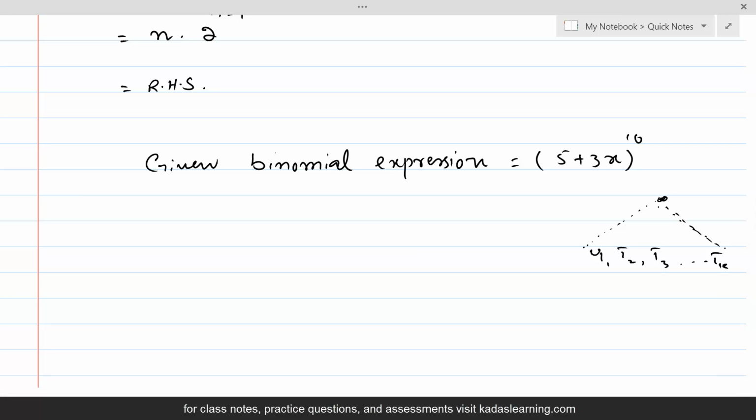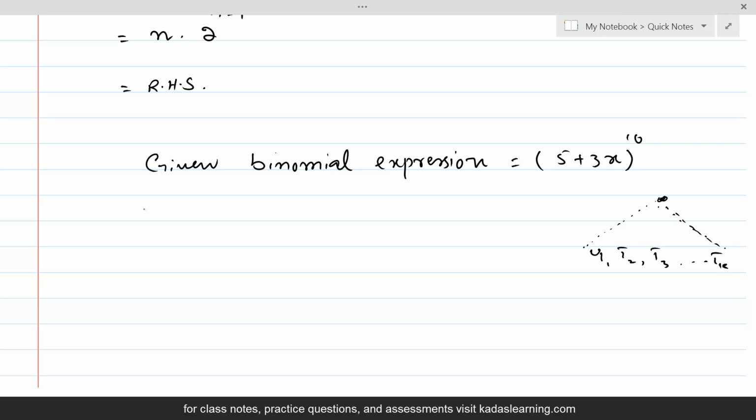Right after the highest coefficient, coefficients start decreasing. So if in general we say that Tr, the general term, has the highest coefficient, then the next term must have a smaller coefficient, because in the Pascal triangle, all the terms before the highest have smaller coefficients and all the terms after that point have smaller coefficients.